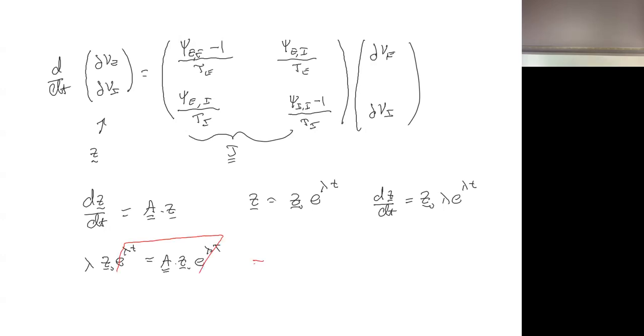That implies the eigenvalue equation A dot Z0 equals lambda Z0. Again, if this isn't familiar, you need to brush up on linear algebra. We won't be using anything more sophisticated than this. It should all make sense if you can take a derivative. So what we need to know is the eigenvalues of this equation, and the sign of lambda is what's important.